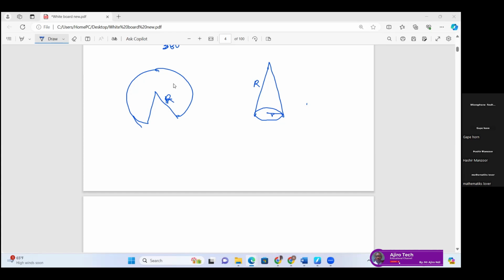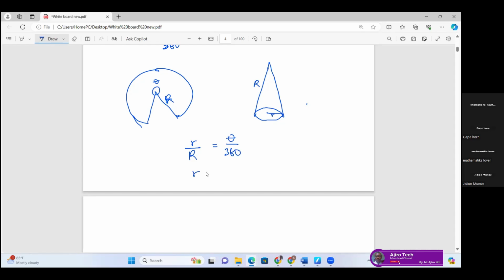So now, don't forget that this big radius becomes the slant height. And then the small radius of the cone divided by the big radius of the circle equals theta of the sector divided by 360.